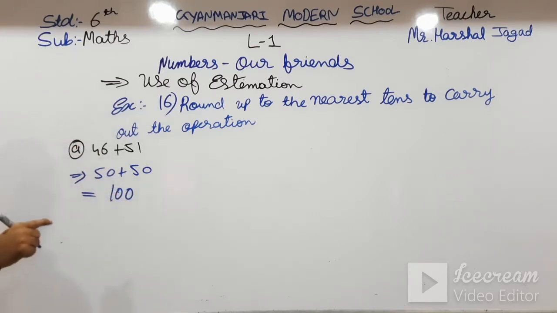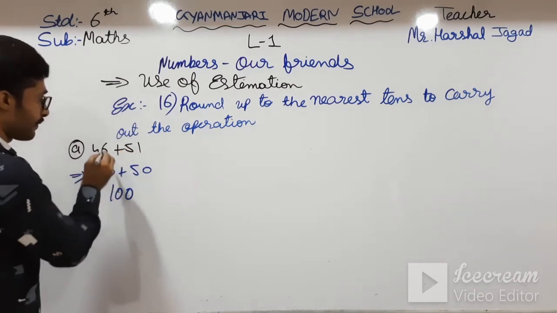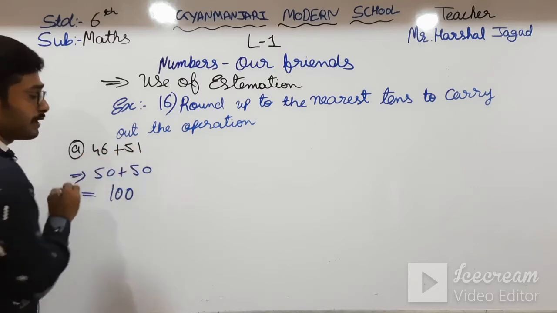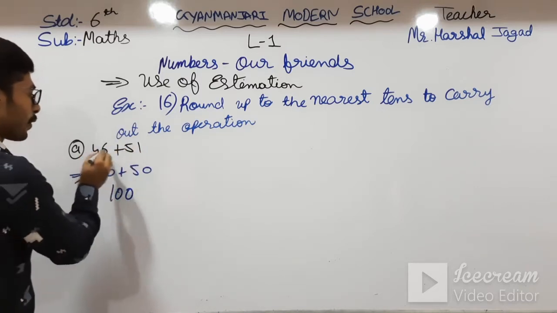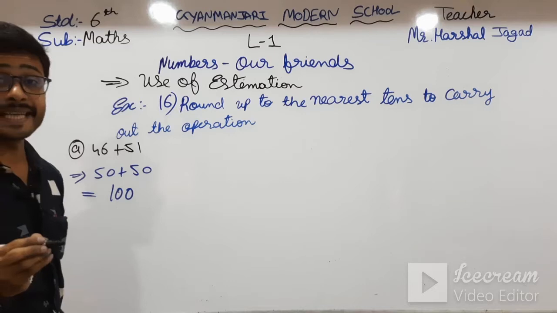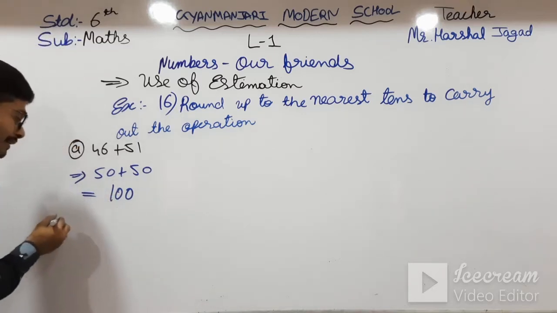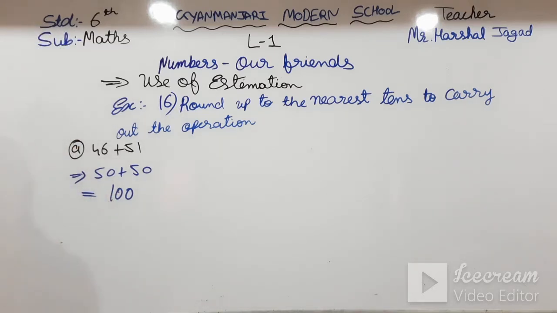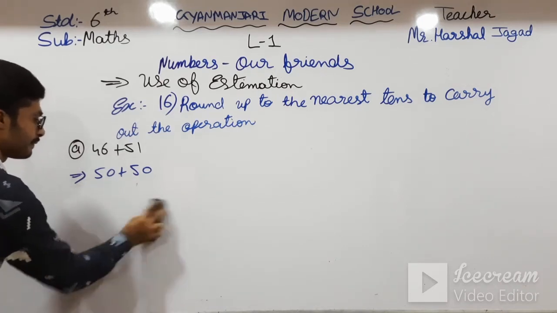But what is the actual answer of this? That is 6 plus 1 is 7 and 4 plus 5 is 9, that is 97. The actual answer is 97.